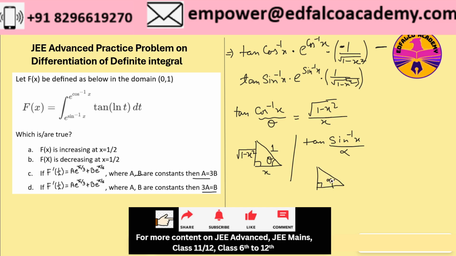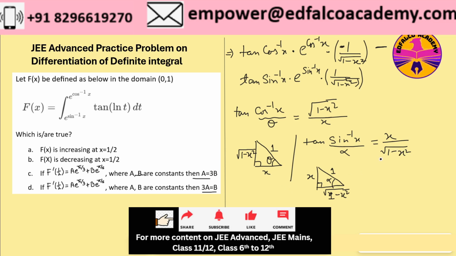In this situation, since sine of alpha is equal to x, the perpendicular must be x and the hypotenuse, let's say, is 1. In this situation the base will turn out to be root under 1 minus x square. So now if I have to find tan of this alpha, or tan of sine inverse x, tan of this alpha will become equal to x upon root under 1 minus x square.